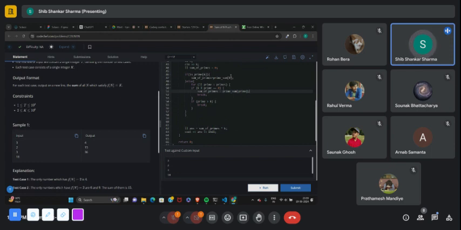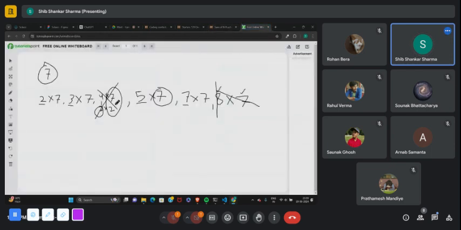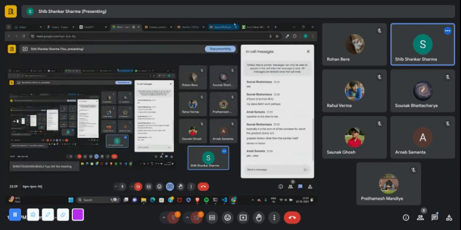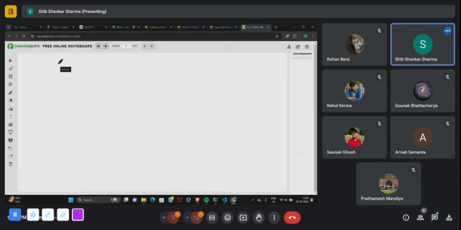Why are we doing this? Let us say that we have 35. 35 is our k, and 35 can be written as 5 into 7.